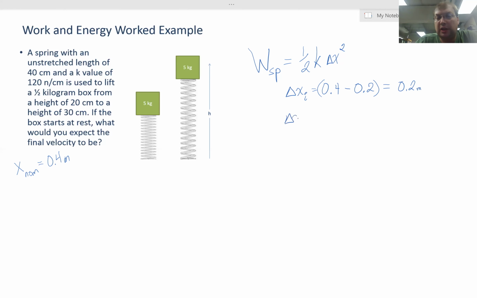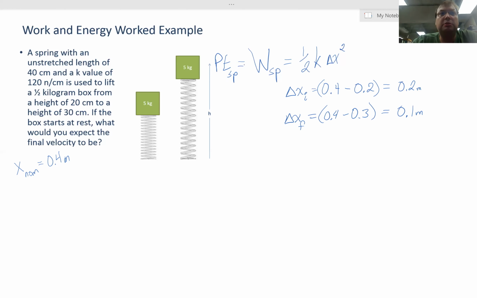Our change in x final is the 0.4, the nominal length, minus the 0.3, so that this is now only a compression of 0.1, or 10 centimeters. The reason we want to look at this more specifically is that, remember, we can also refer to this as the potential energy of a spring.